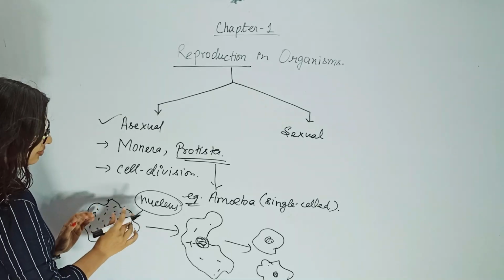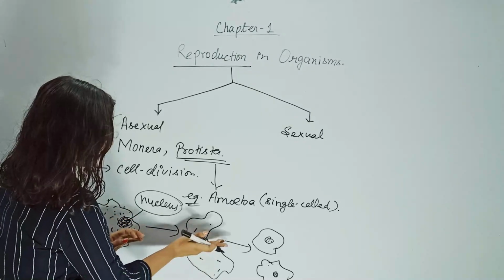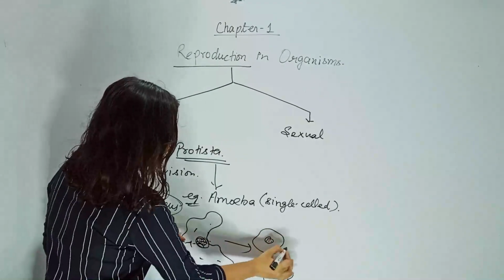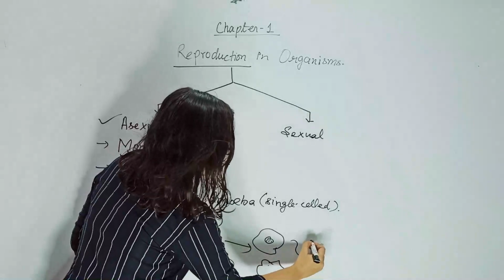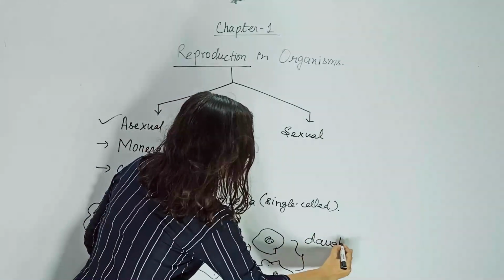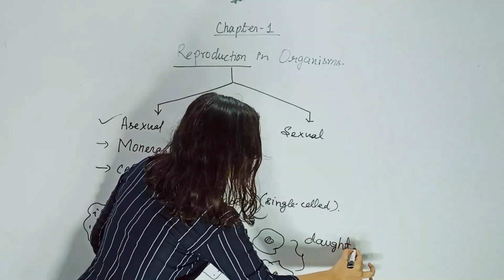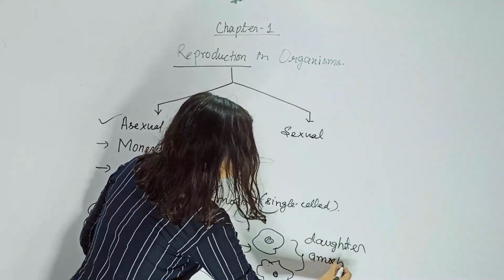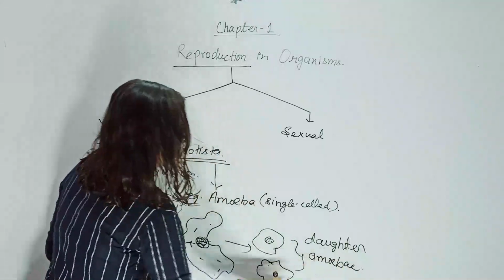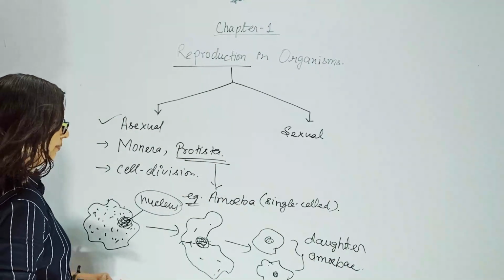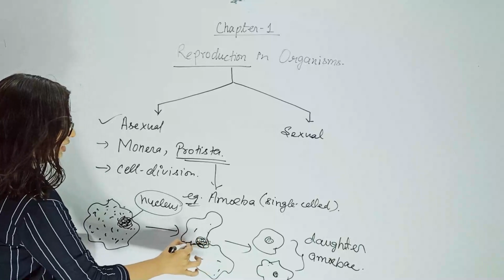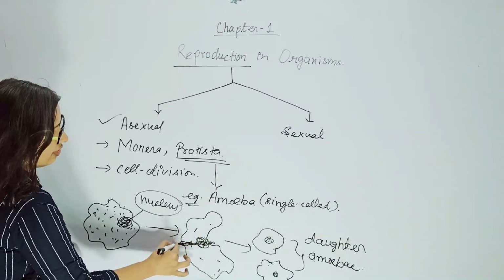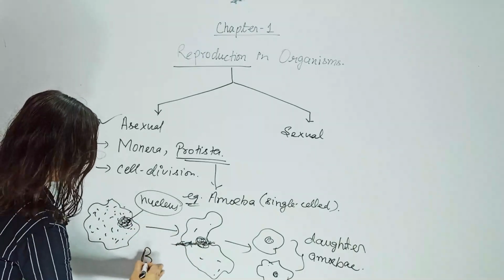So this undergoes binary fission, it divides into two halves, and these two daughter amoeba are formed. So in this mode of reproduction, what has happened? Simple binary fission has occurred.